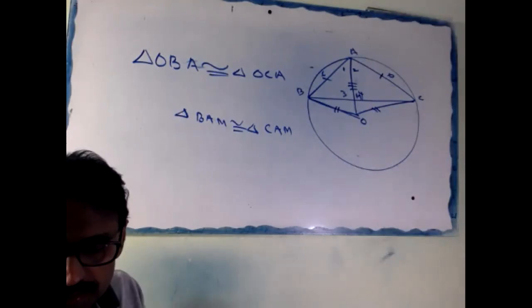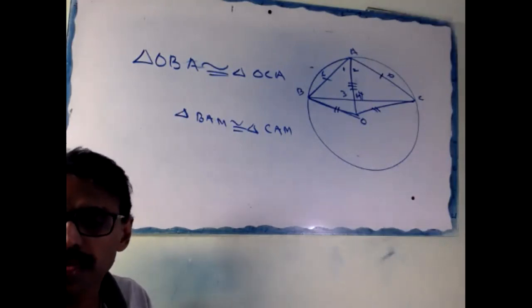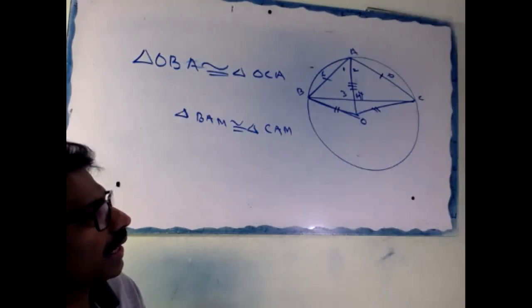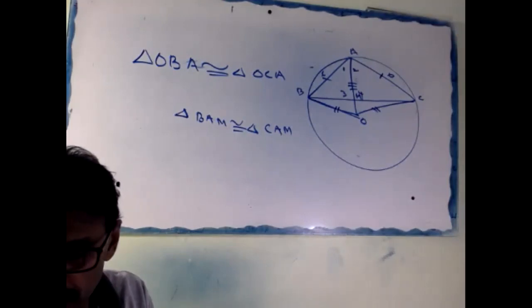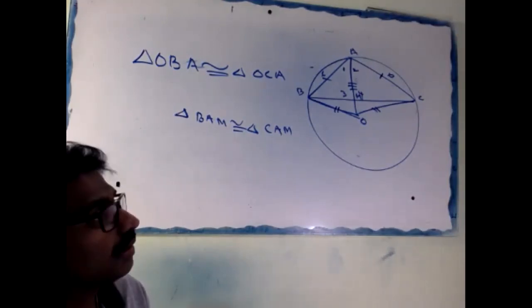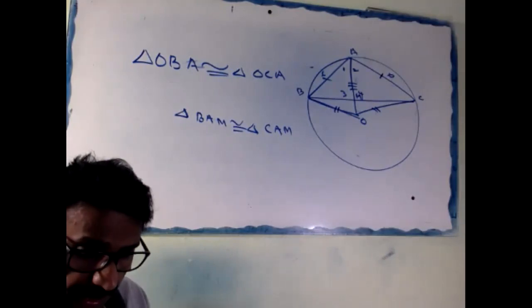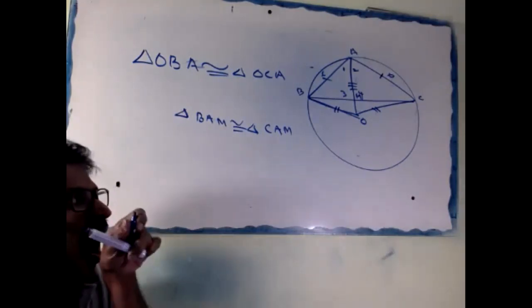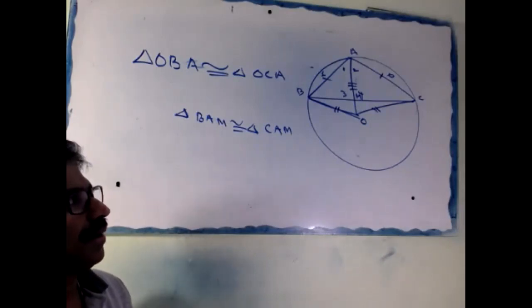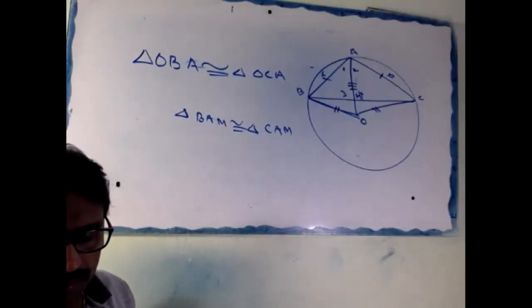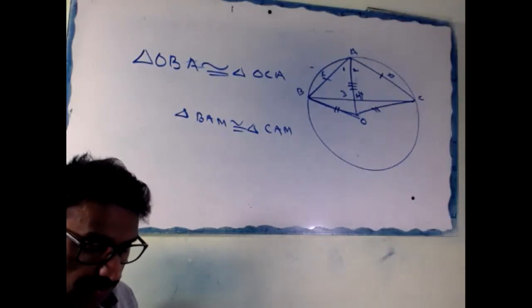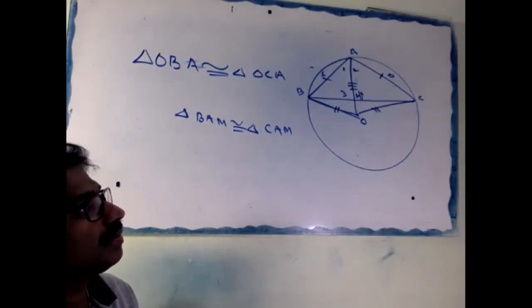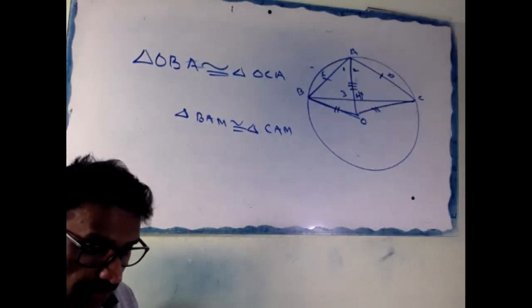Okay, now you write the steps. In triangle BAM and CAM, AB equal to AC, given.